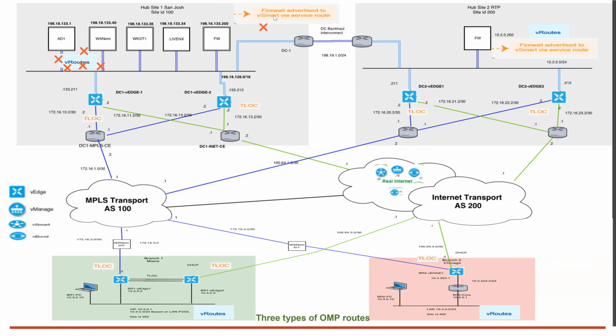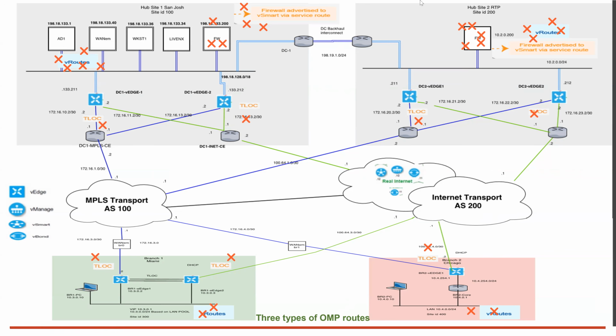Then you can see the location of this firewall in the diagram, which is another type of Viptela route. And then you can see the TLOCs. All these portions are part of OMP. Three different types of OMP routes are available: TLOC routes, Viptela OMP routes, and firewall location or service side OMP routes.